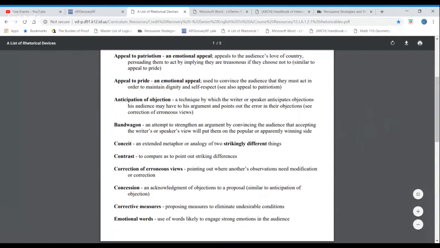Anticipation of objection, a technique by which the writer or speaker anticipates objections his audience may have to his argument and points out the error in their objections. See correction of erroneous views. Bandwagon, an attempt to strengthen an argument by convincing the audience that accepting the writer's or speaker's view will put them on the popular or apparently winning side.